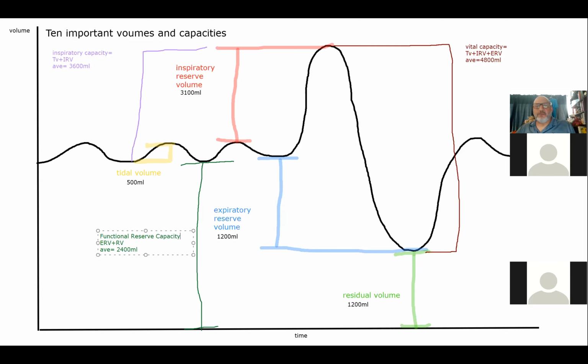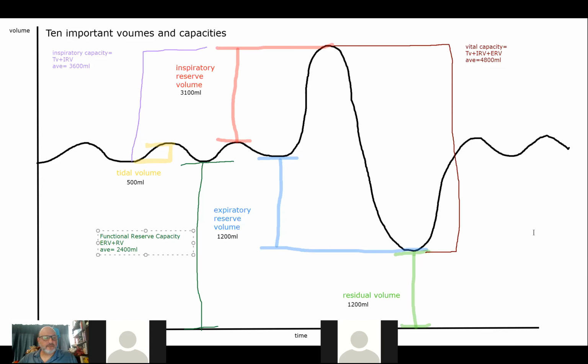And one more. As I mentioned, the vital capacity is the total amount of air that I can move into and out of my lungs. But is that the total amount of air in my lungs? Oops, hold on.